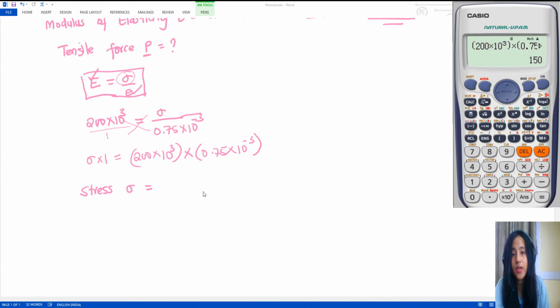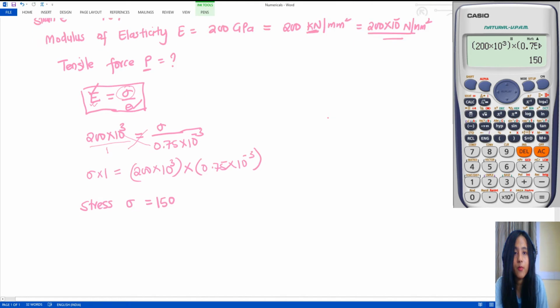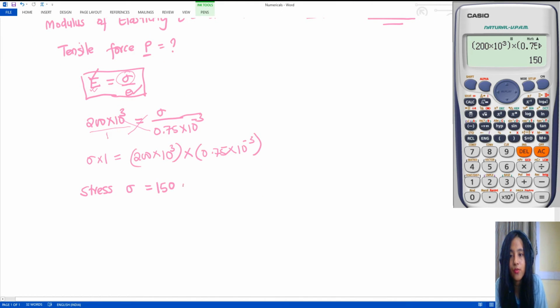So from here I'm getting stress equal to 150, and what is the unit of modulus of elasticity here? It is Newton per mm square. So we have stress equal to 150 Newton per mm square.